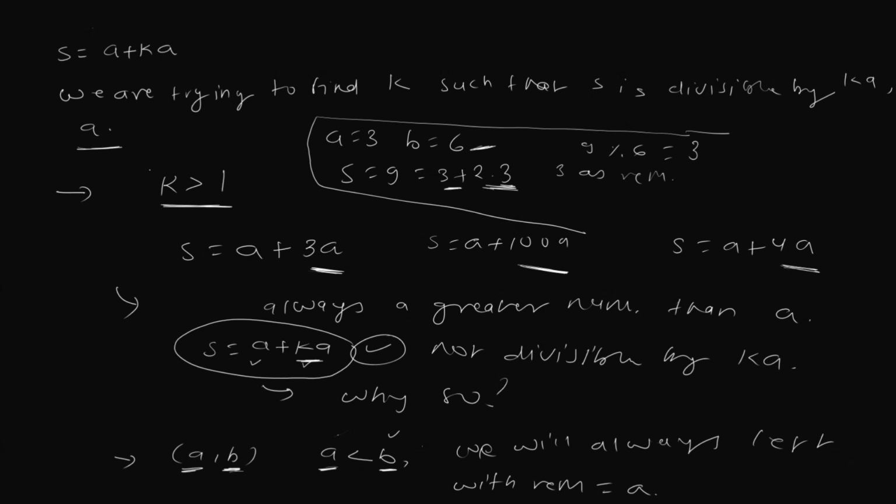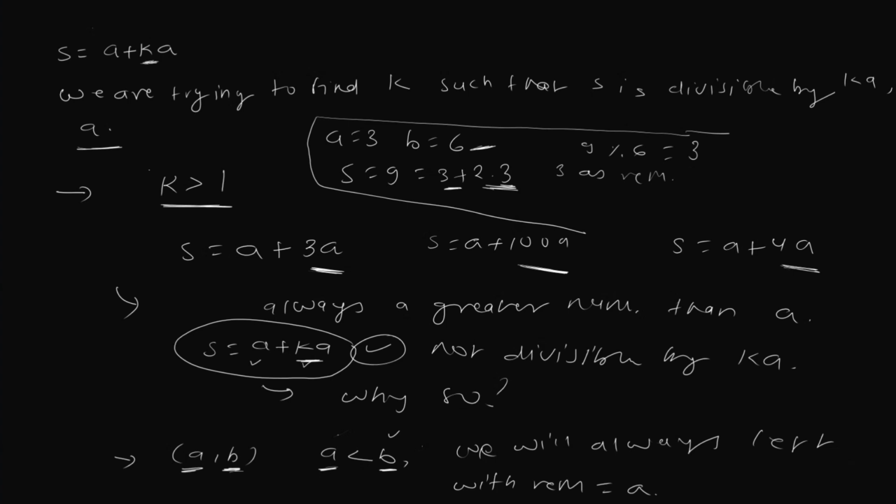So I'm just saying this, when we have the value of k greater than 1, we are always going to get the second number as a larger number, and when we sum up these two numbers, we are never going to get remainder 0 when divided by the larger number.